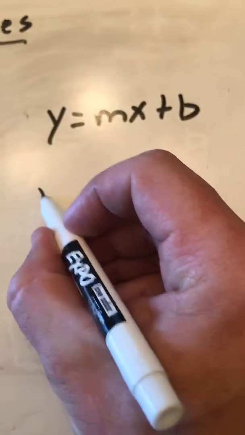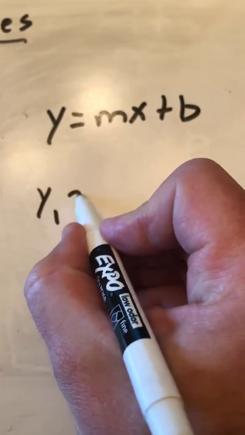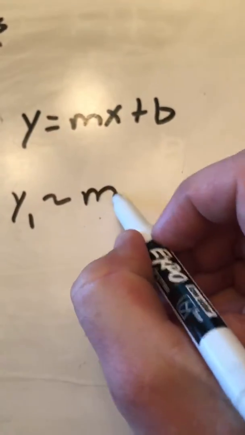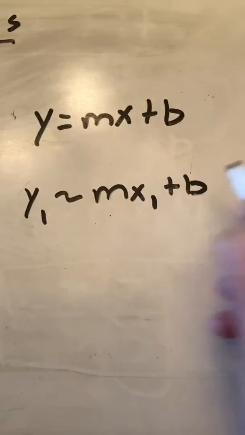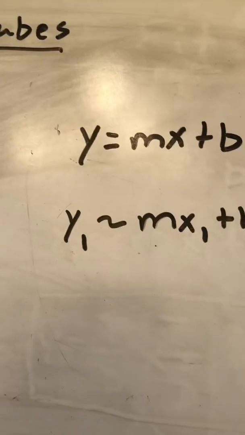So I'll type it in as y sub 1 is approximately mx sub 1 plus b. Okay, so let's try that and see what we get.